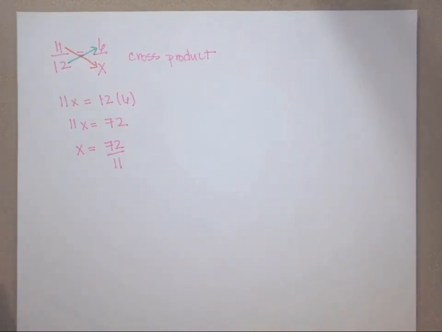When you're working with proportions, never use decimals unless your problem starts with decimals or the directions specify to use decimals. If you don't see one of those two things occurring, then usually you are wanted to reduce and simplify your fraction as far as it can go.